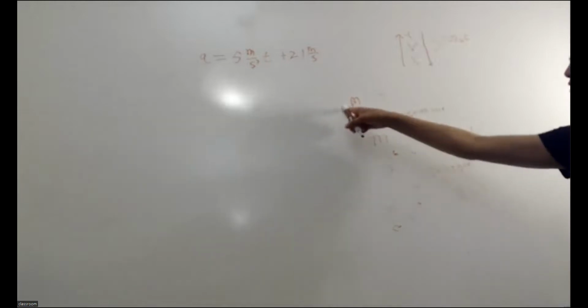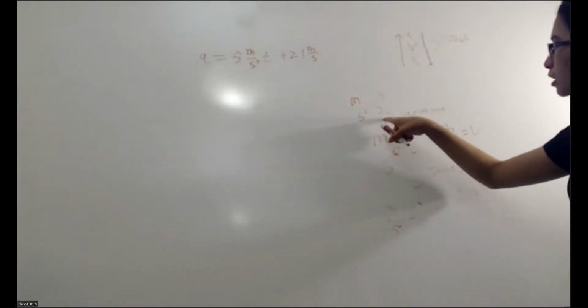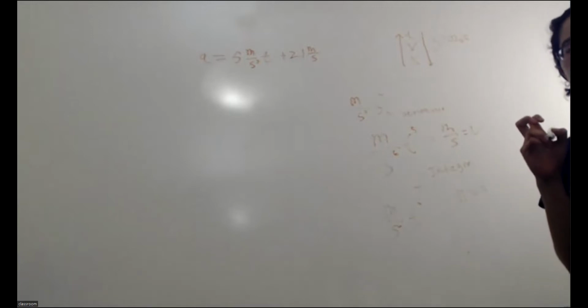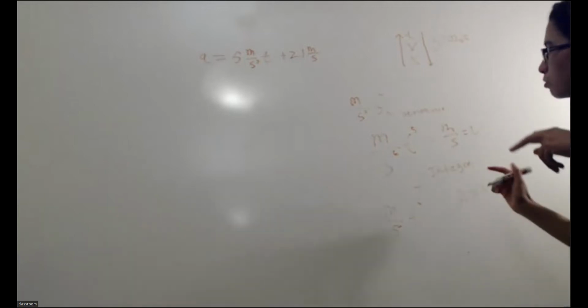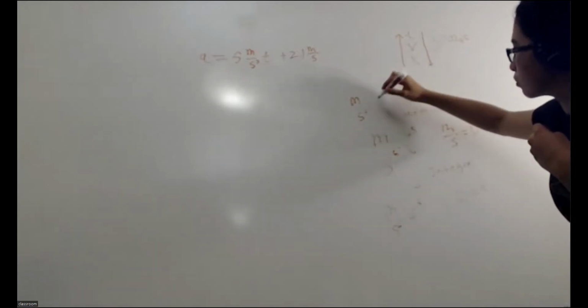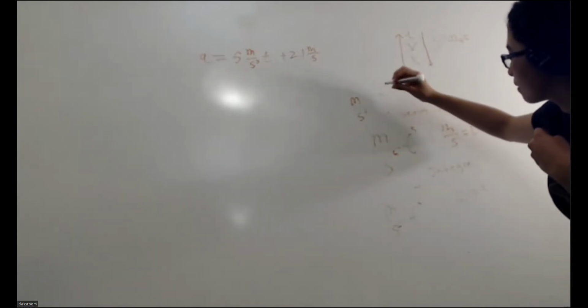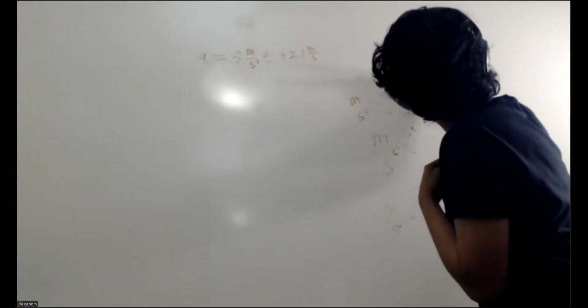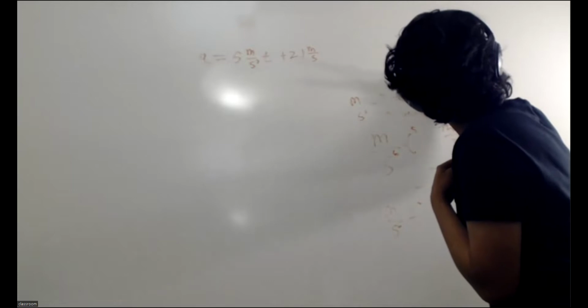So you have meters per seconds to the 6th power, and because you removed a t from the entire equation, instead of t to the fifth power you have t to the fourth power. Then your units are going to be meters over second squared, the acceleration.